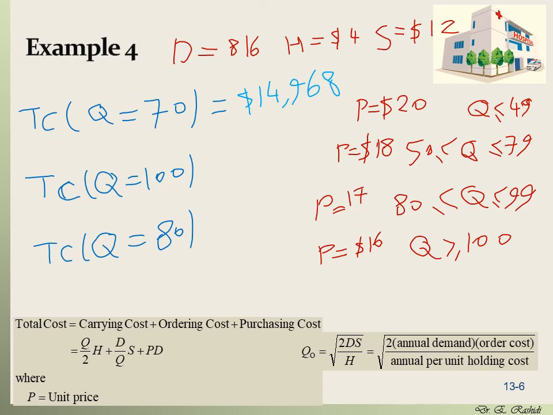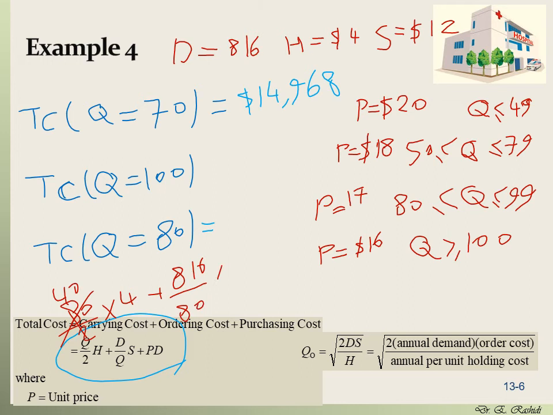Next, we're going to find the total cost for the quantity that we ordered, 80. Using this formula, Q divided by 2, so that's 80 divided by 2, which is 40, multiplied by H, which is 4, plus D divided by Q, so that's 816 divided by 80 multiplied by S, which is 12, plus PD.